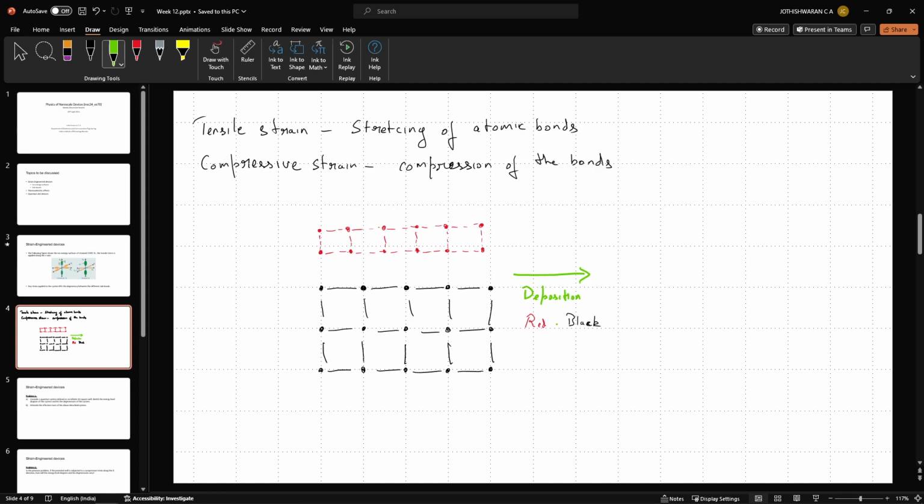So there is red on black. Okay, so this happens. What will happen is these bonds will kind of stretch to match the things over here.